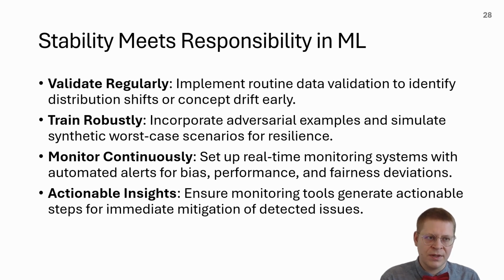But we don't stop there. Continuous monitoring systems equipped with automated alerts keep an eye on fairness, bias, and performance. Most importantly, these alerts must lead to actionable steps for immediate mitigation of detected issues. Together, these practices create a cycle of trust and resilience in ML applications.